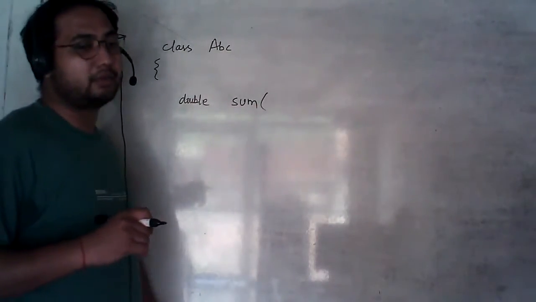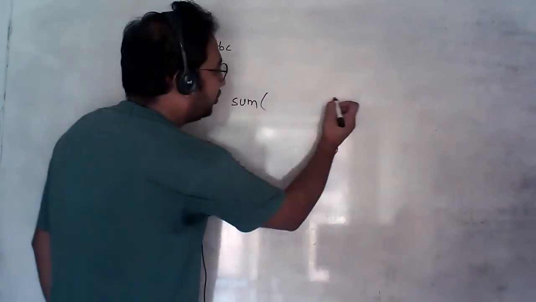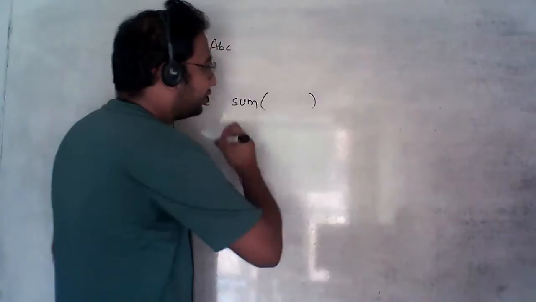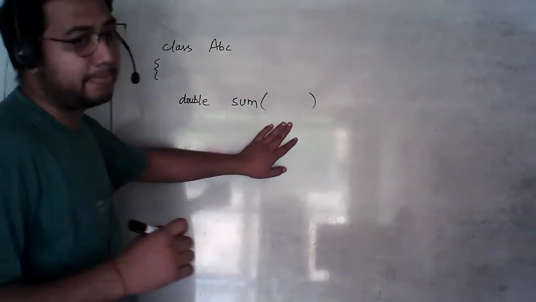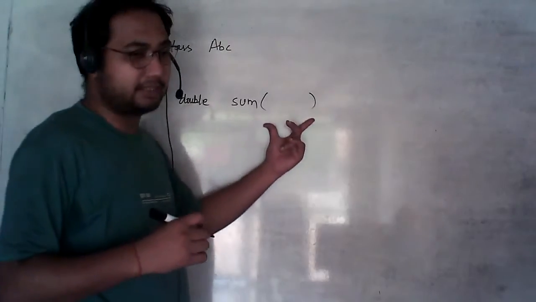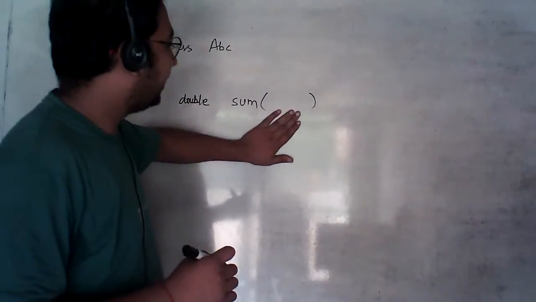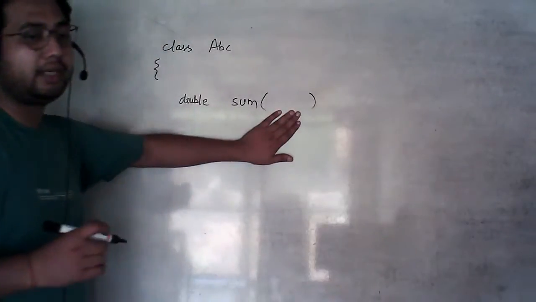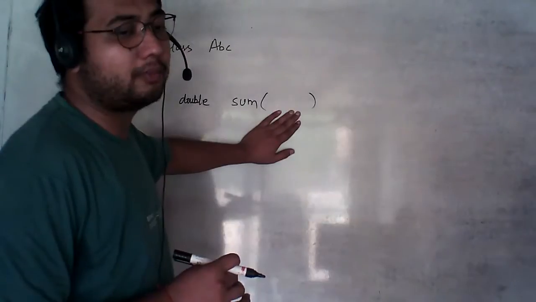Now we are coming to the next point, that is parameter. So it is our choice, either we pass parameters or we don't pass any parameter, but we will have to put the parenthesis over here after the function name, and in this parenthesis we can pass the parameters, and those parameters are known as formal parameters.